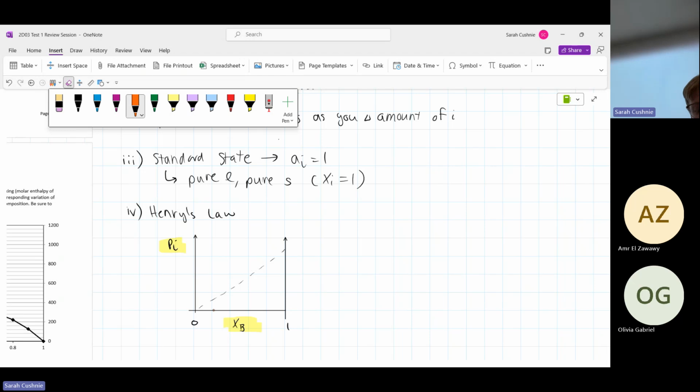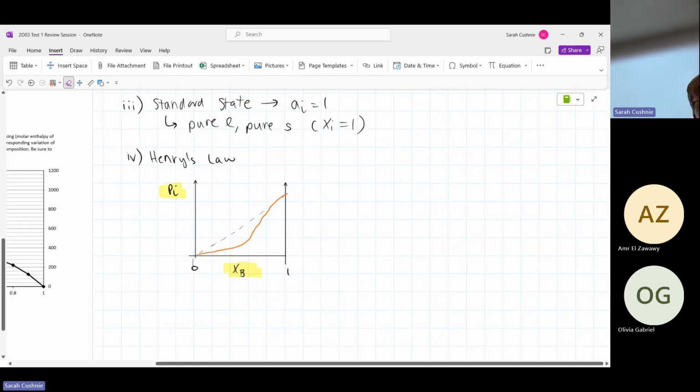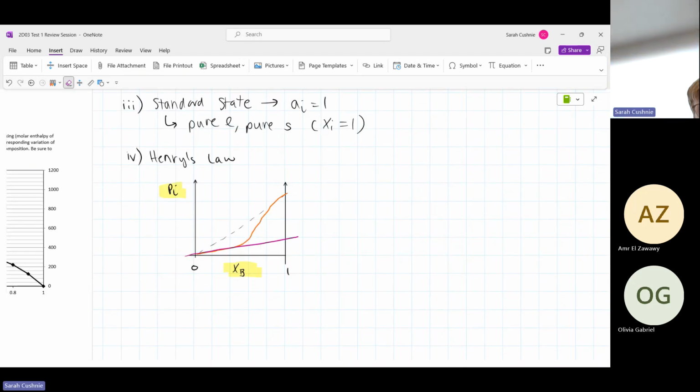What we're actually going to have in the case of Henry's law is something that looks a little like this, with a little deviation. I drew this as negative deviation. But what Henry's law states is that at low concentrations we're going to have a linear approximation.